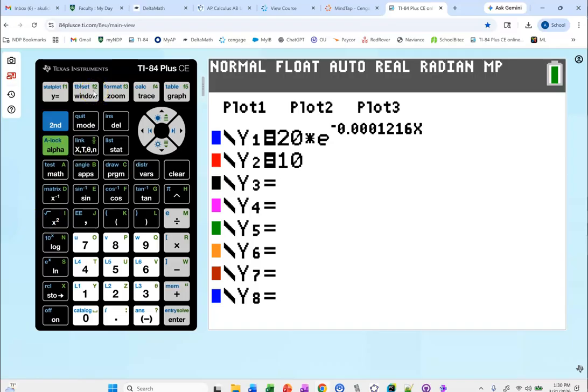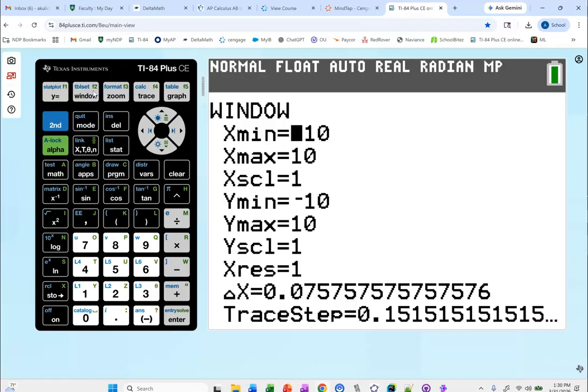Now, to find that intersection, though, when I graph this, I have to make sure I'm choosing a window appropriately. So let's talk about how to do that. The x value is representing time. What's the smallest value that I could have for time? 0, right? Because you can't have negative time.